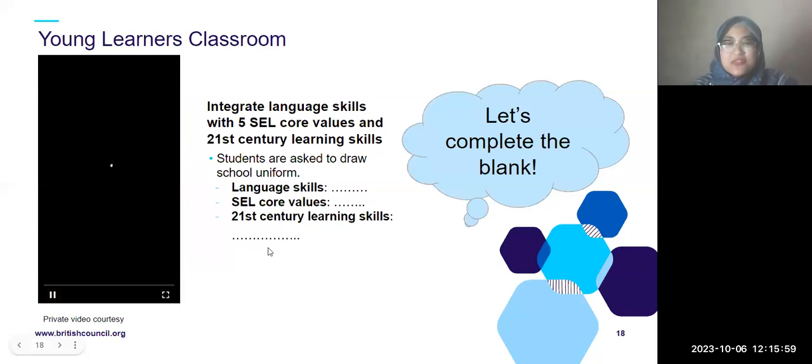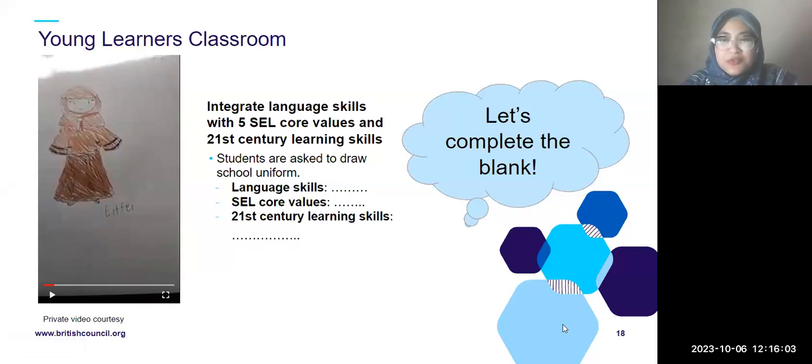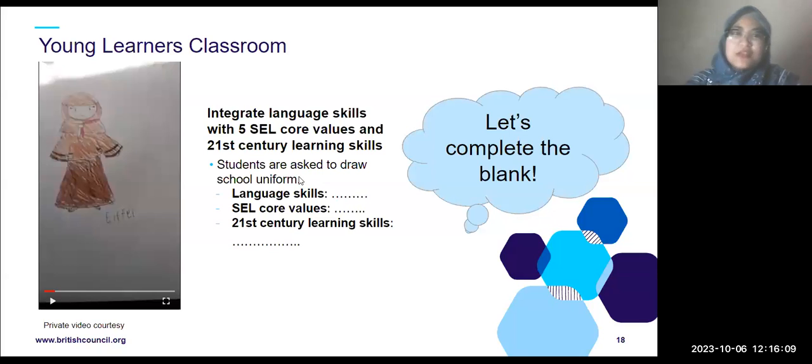Now, what are the 21st century learning skills, everyone? What do we try to apply here? Remember the 4 C's, the technology, and also the life and career skills. Communication, creativity, yeah. Critical thinking, yes. How will they draw their drawings?